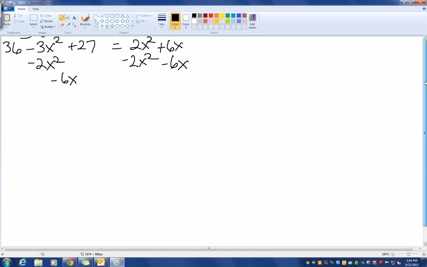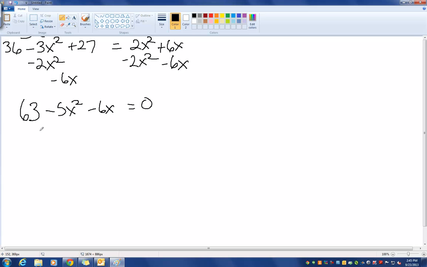And so 36 plus 27 have to be added together. They give you 63, minus 5x squared and minus 6x equals 0.